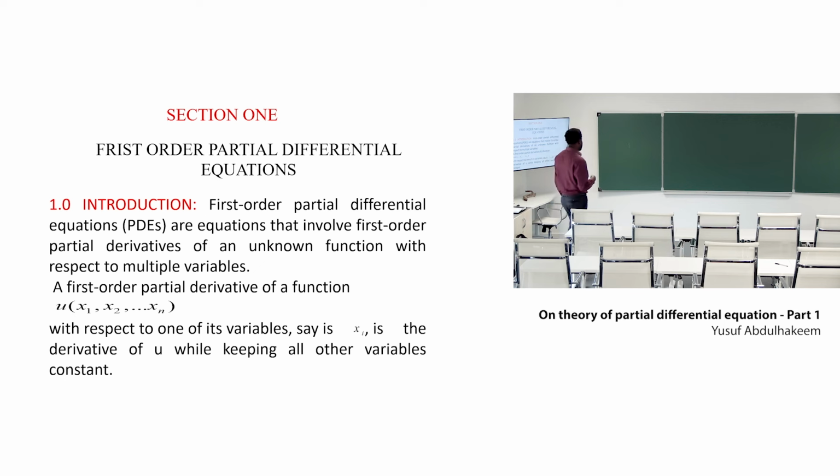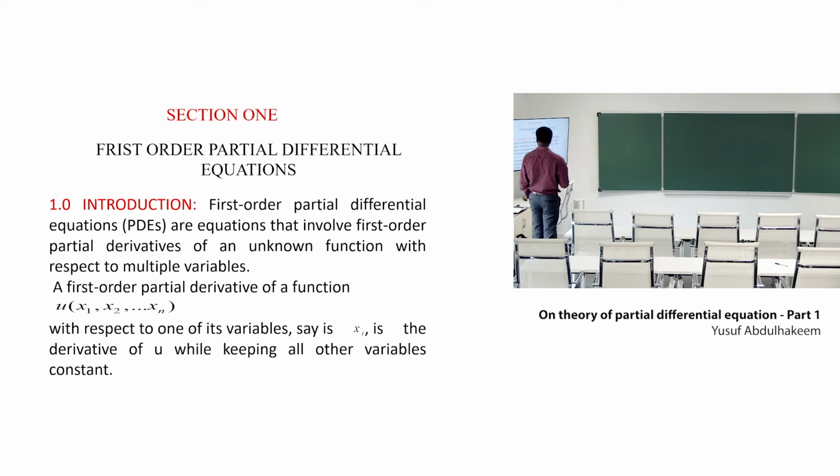That is, supposing we are given a function and we are told to obtain the partial derivative of that function, what we do is to differentiate that function with respect to one of the variables while we keep the other ones constant. Then, a general first order PDE in 2 variables can be written in this form.